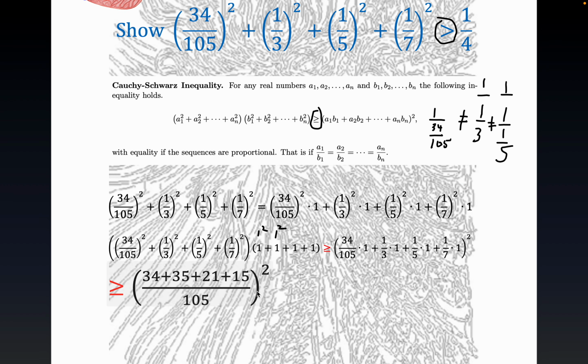And 1 over 7 is equal to 15 over 105. In this particular case, they conveniently add up to 105. In other words, you have 105 in the numerator if you sum those values up over 105, quantity squared, but that's equal to 1.